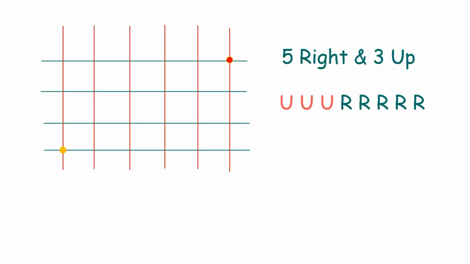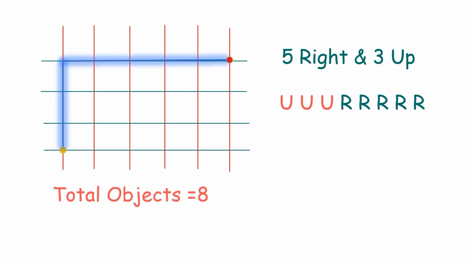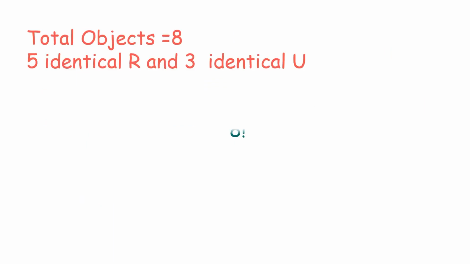Now we clearly know how to count the number of all such RU arrangements. There are 8 objects. If they were all different, we would get 8 factorial. But 5 R's are identical, so we divide by 5 factorial. And then for 3 U's we divide by 3 factorial. So the actual answer is 8 factorial over 5 factorial times 3 factorial.